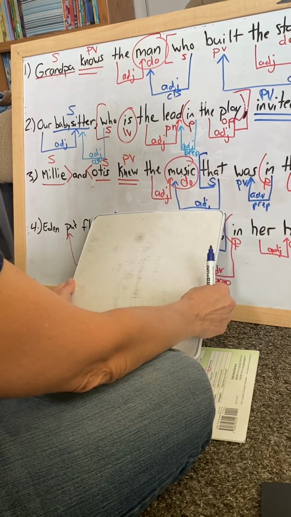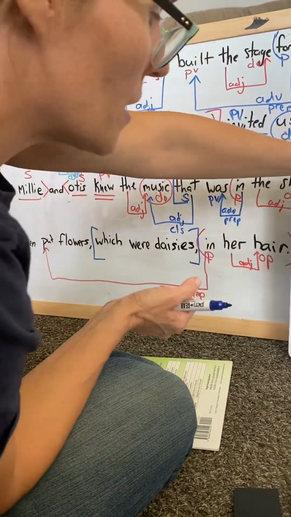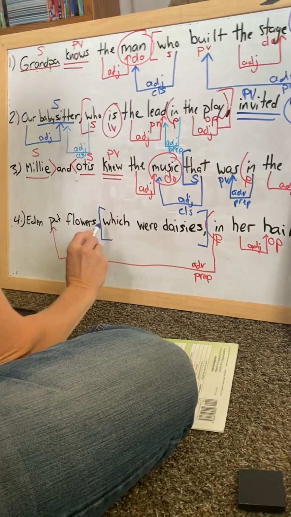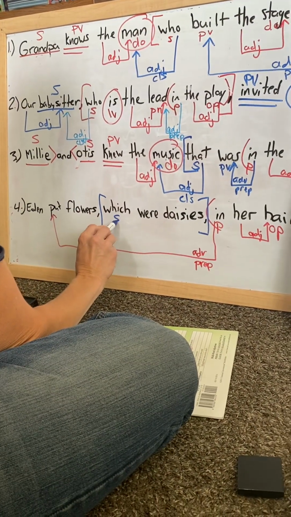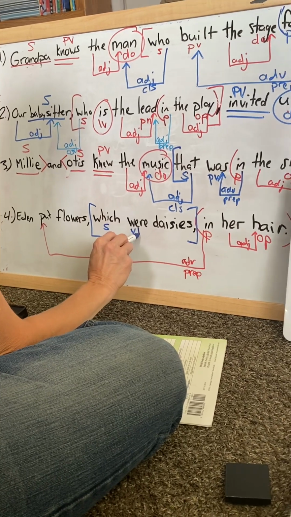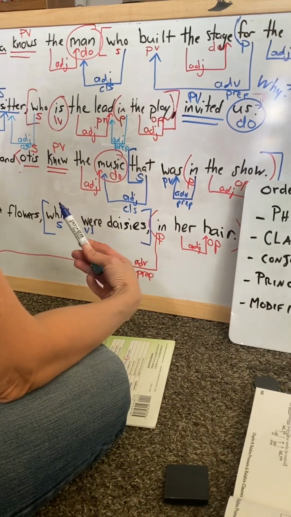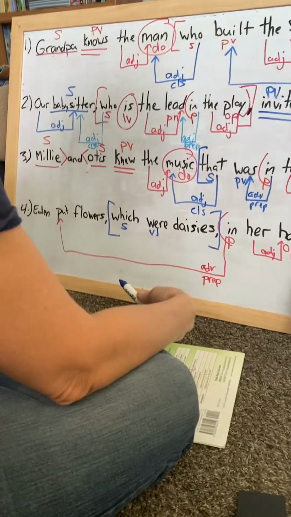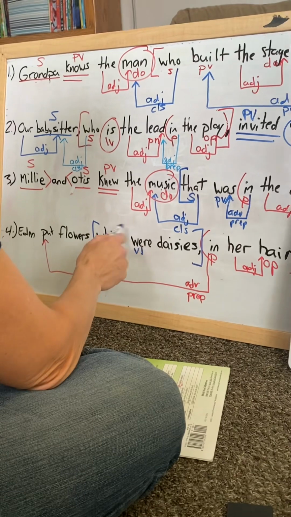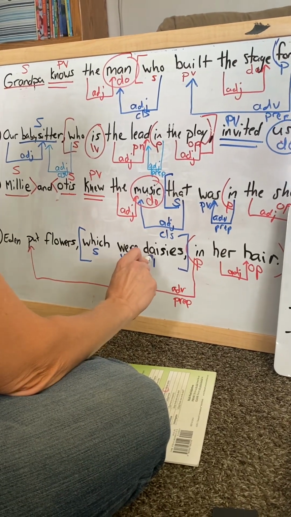That would make total sense without this clause. So which is our relative pronoun. It's our subject. Were is a linking verb. So daisies, what's that telling us? What part of speech is daisies? Predicate nominative. It's renaming our subject, which.